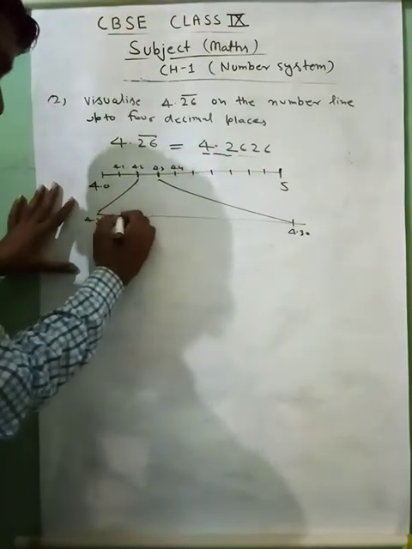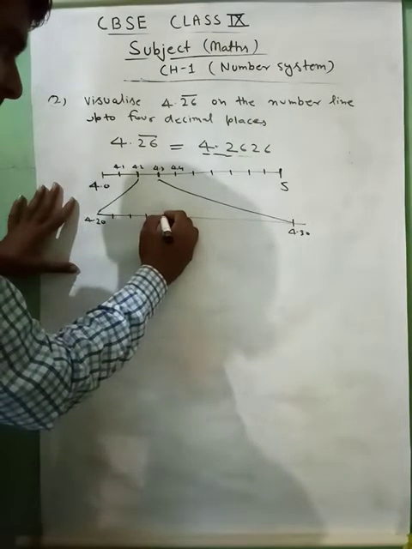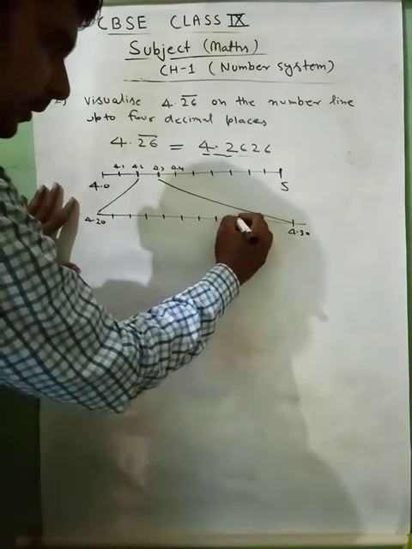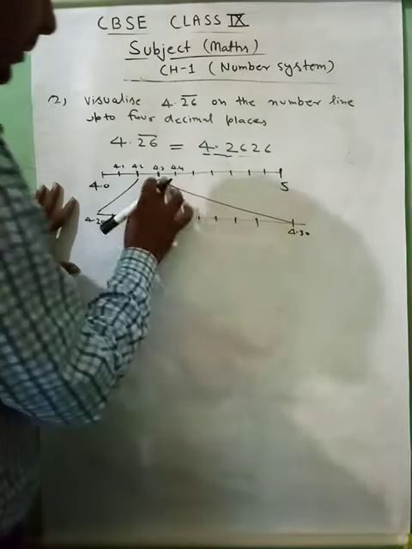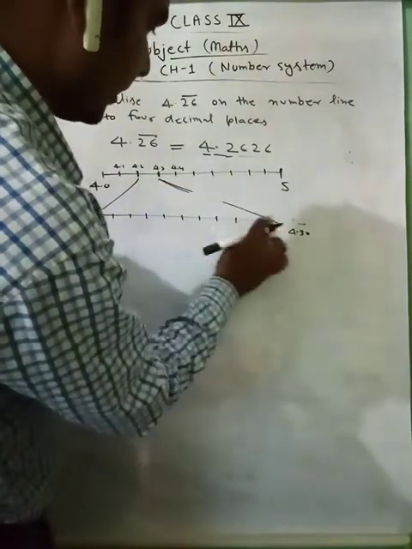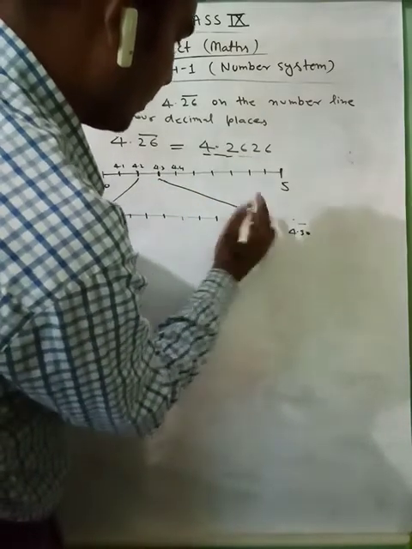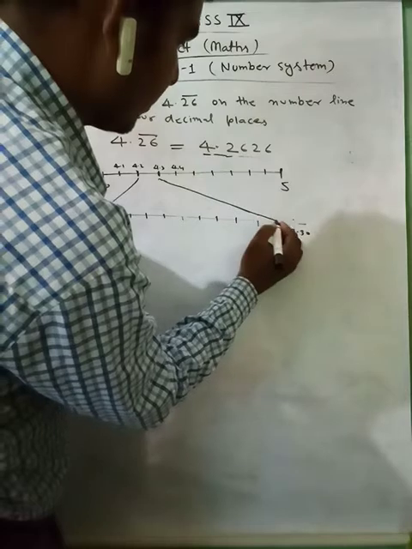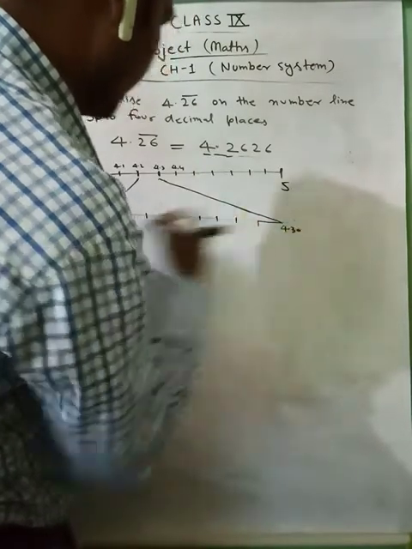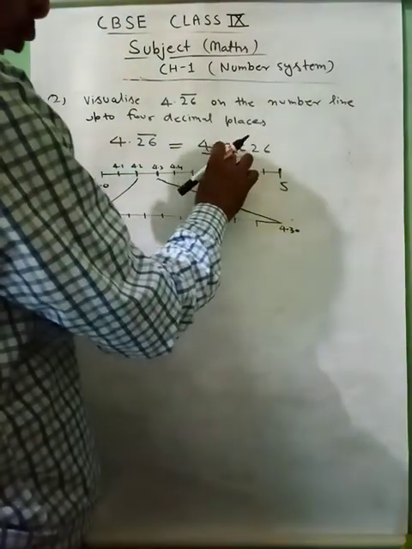It means 1, 2, 3, 4, 5, 6, 7, 8 and 9. The distance is larger, so you can write a smaller distance. It is like this. It is 4.30. So it is 4.20 and you have to represent 4.26.